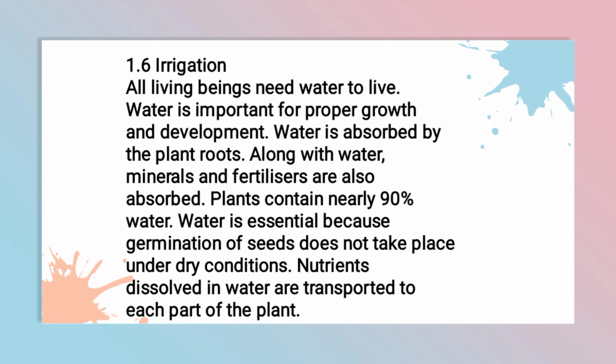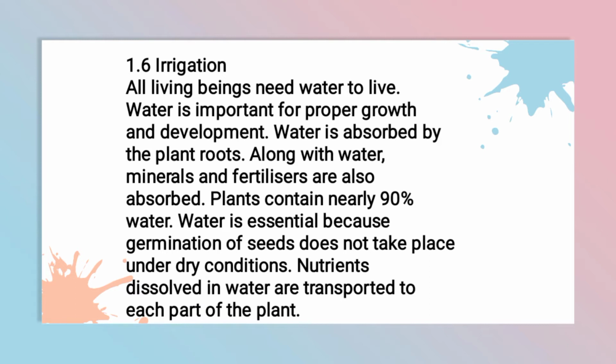So the nutrients present in the soil get dissolved in the water and then enter the plant. So here water is important for the nutrient supply. Once there is water and nutrient supply, the photosynthesis takes place. This is how it helps in the development.